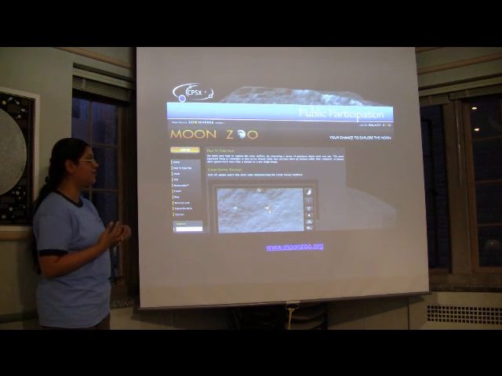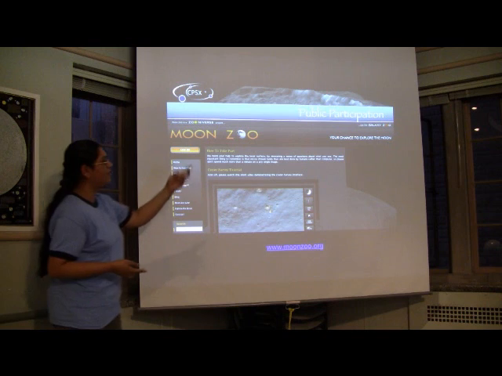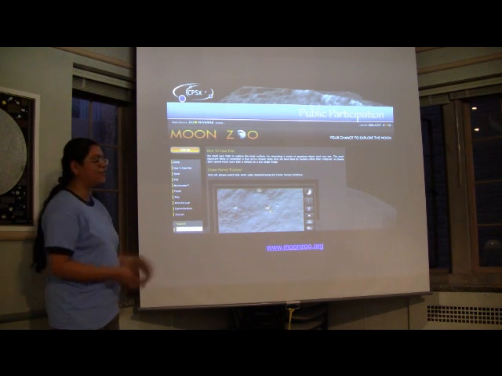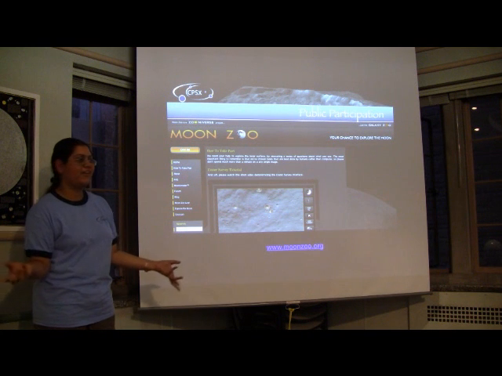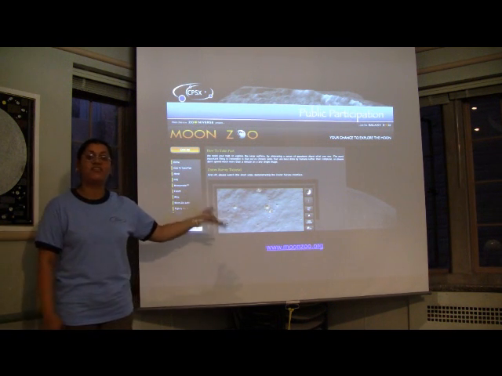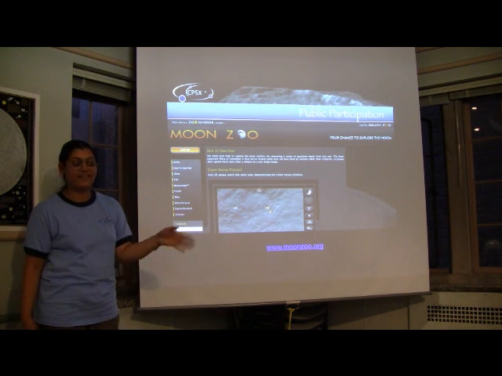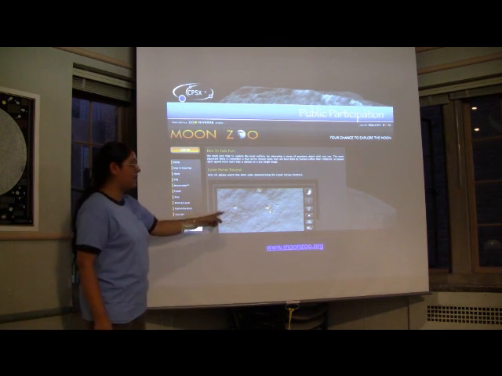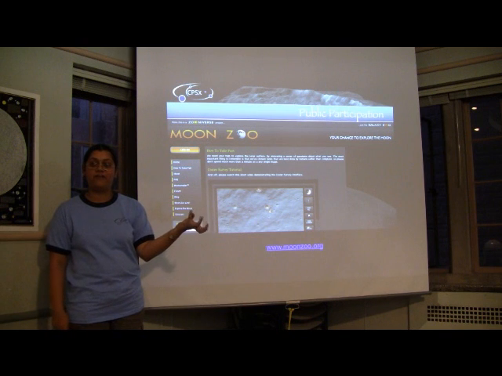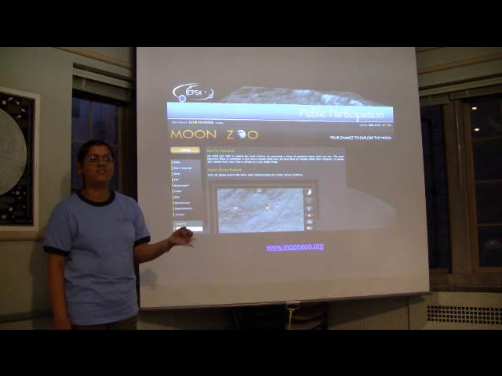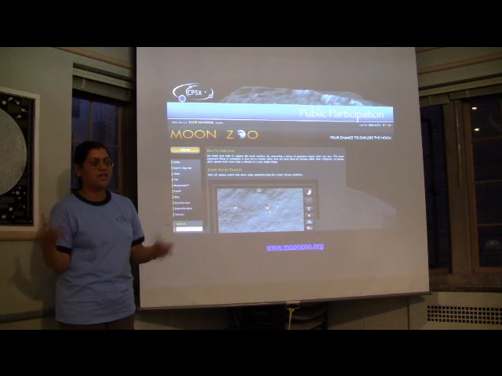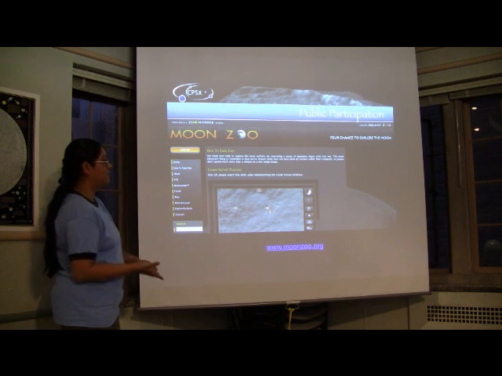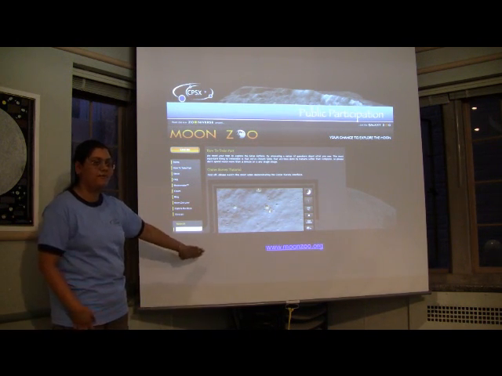Moonzoo is a website where it's just like Galaxy Zoo, which I haven't really played around with a lot, but essentially you sign up, you have a login, and they give you a random picture from the high resolution data sets that we now have, and you can help them identify what are crater features or what are boulder features, because they want to make a catalog to better understand processes on the moon's surface. So this is one way definitely that the public can get involved.